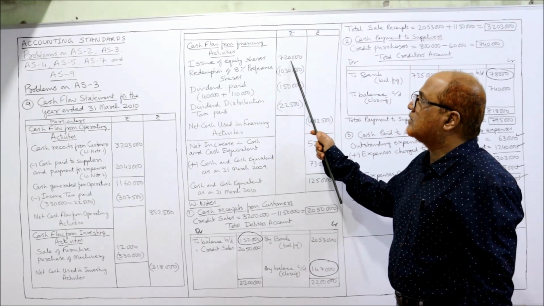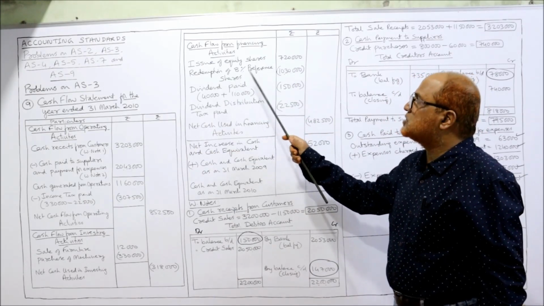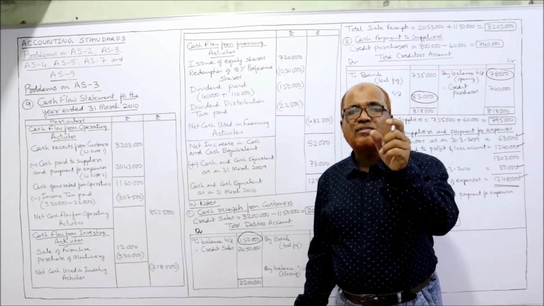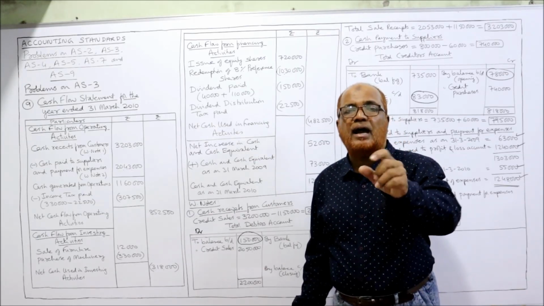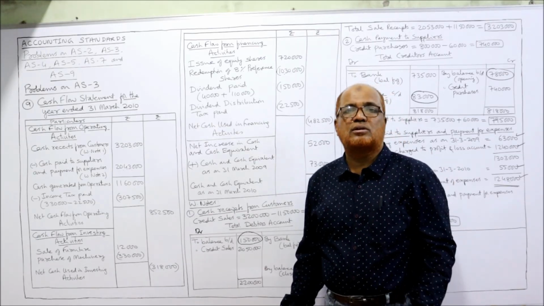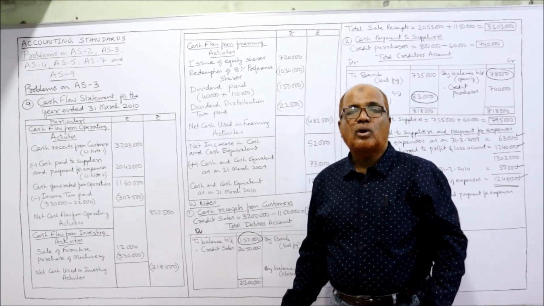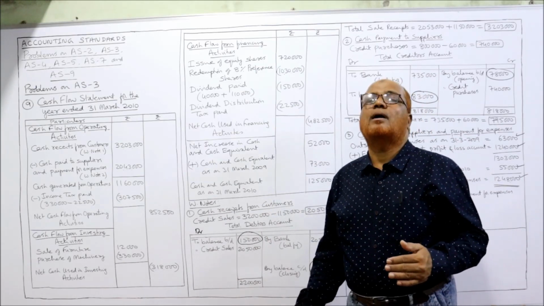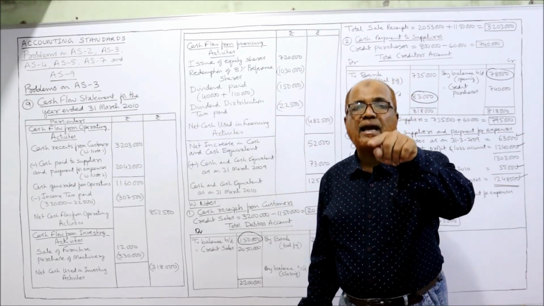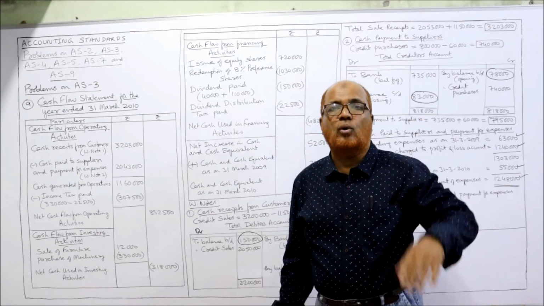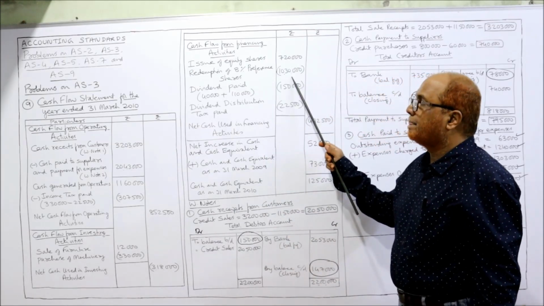That's why without bracket. Redemption of 8% preference shares. In the problem it is given, the preference shares of 10 lakh rupees are redeemed at a premium of 3%. So 10 lakh into 3%, 30,000. So at the time of redemption, the company paid 10 lakh 30,000. So 10 lakh 30,000 is cash outflow. So put it in bracket.